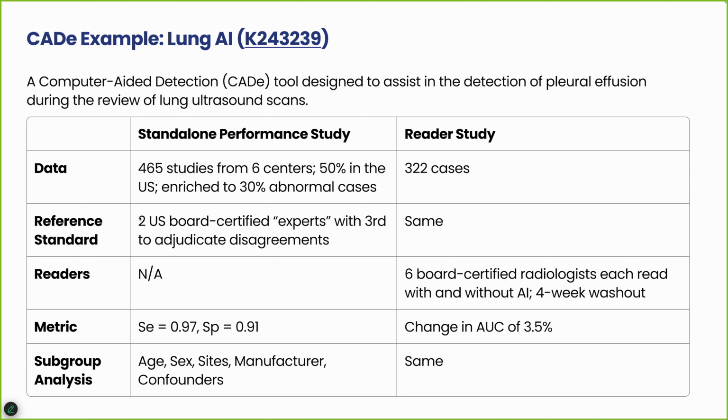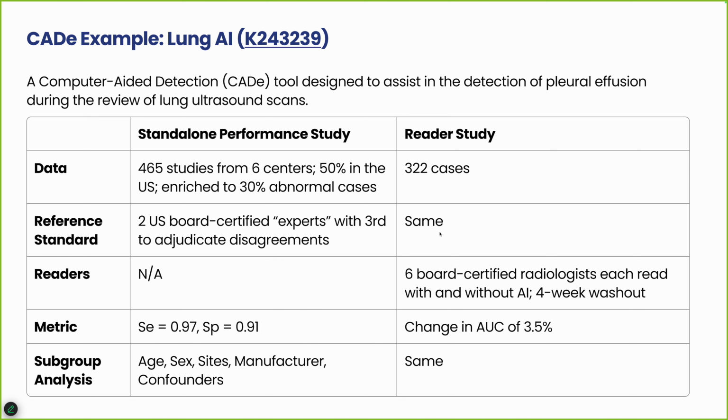Often that means 2 US board certified radiologists with 5 or more years of experience both doing the read, and then a third expert, ideally even with more experience, adjudicating anytime there's a disagreement. This is used to define the reference standard and measure how well the device is performing.